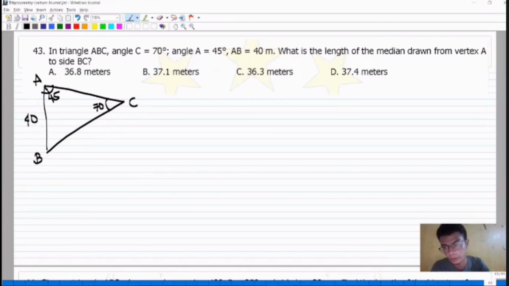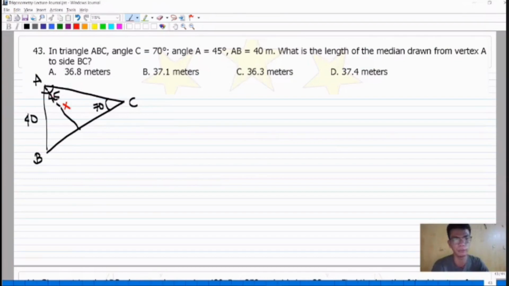So ito. This is the median. So ano daw ang haba ng median ko? And take note natin na ang median, hinahati niya ang opposite side into two equal parts. Pero yung angle, hindi niya hinahati into two equal parts.